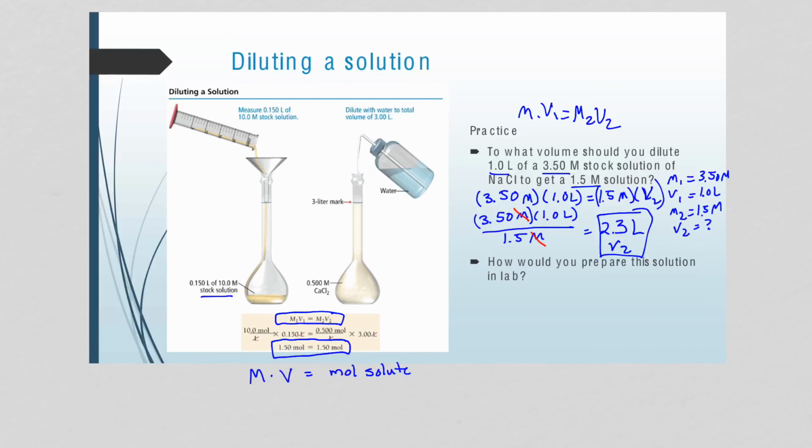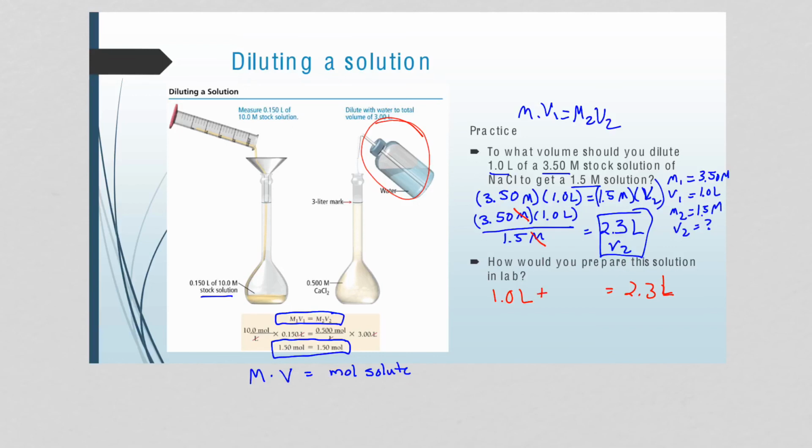Now, how would I actually make up this solution in lab? Well, the key is dilution. You're adding more solvent. So in other words, you're adding more water. So if I take my initial volume of solution, I had my 1.0 liters of solution, and ultimately I need to end up with 2.3 liters of solution.